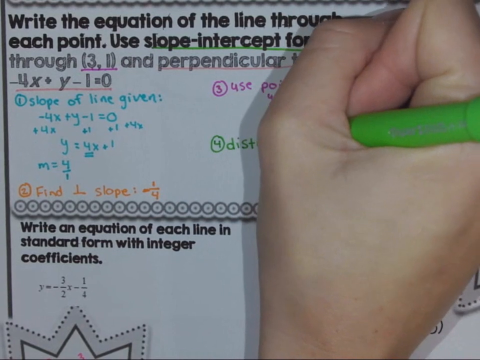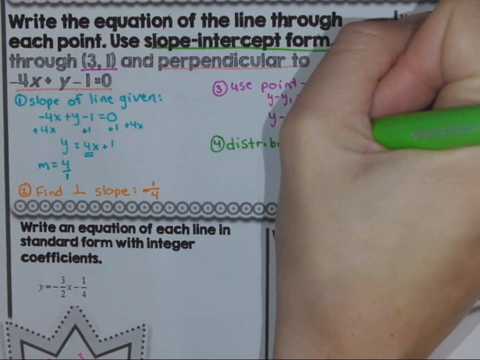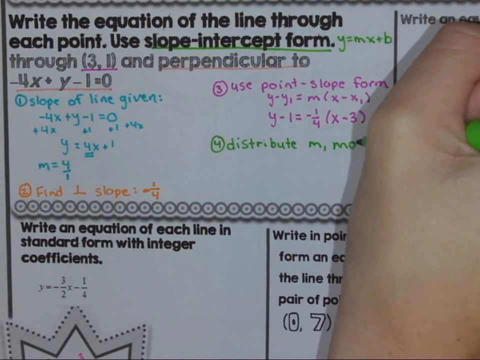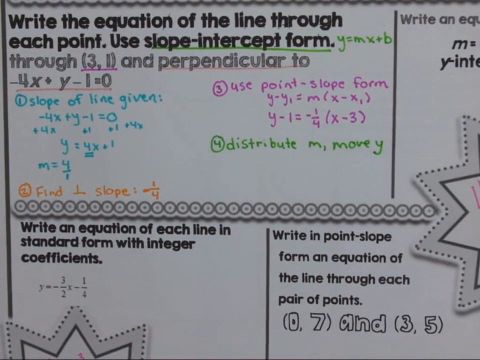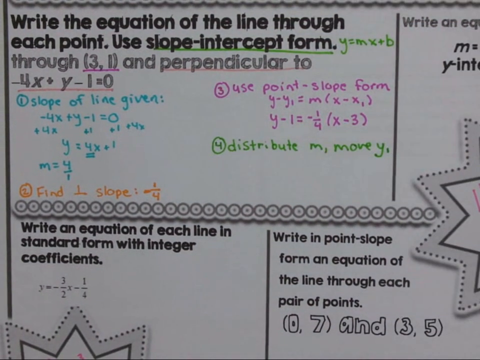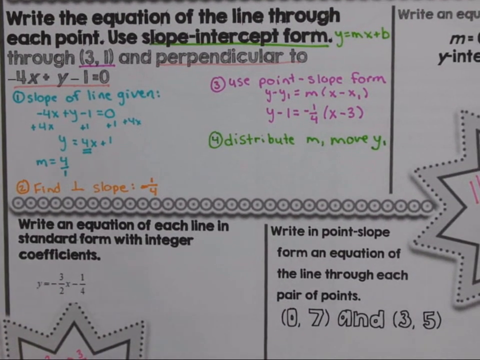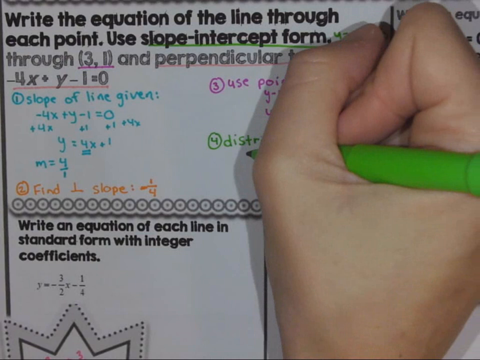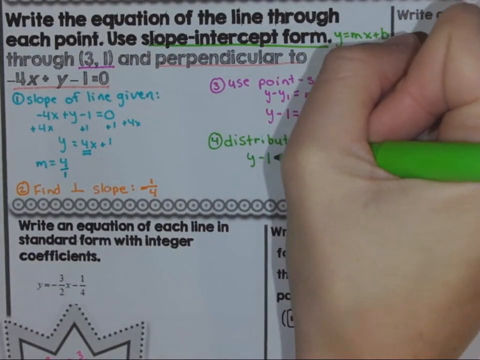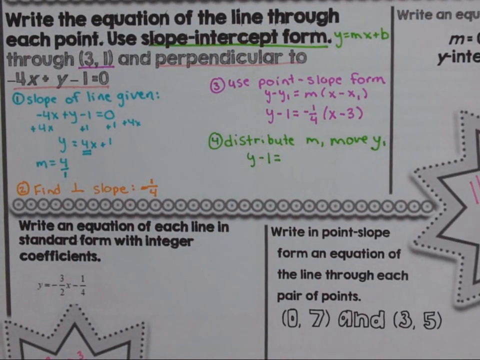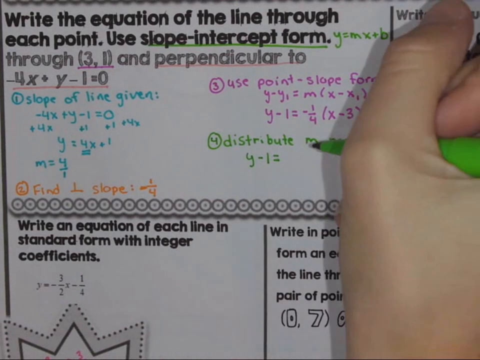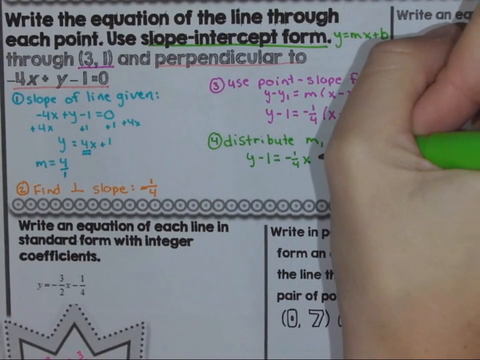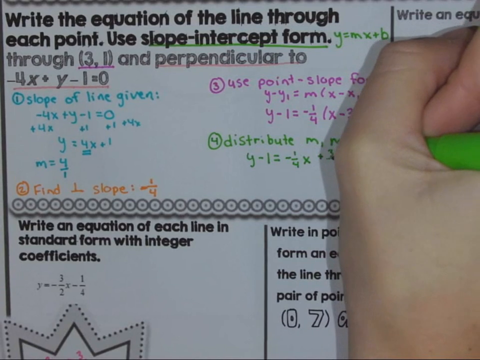So I'm going to say distribute the m and move that y1. And then we should have it y equals. So here's what that looks like. I'm going to write y minus 1 equals, I'm going to distribute that -1/4 through, so it becomes -1/4 x plus 3/4.